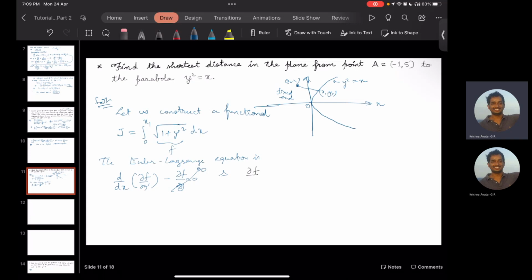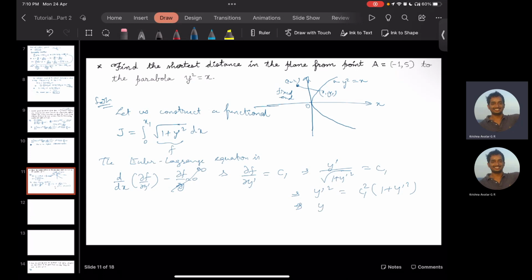Del f by del y prime is some constant c1. So we have y prime by root over 1 plus y prime squared equal to c1. Then y prime squared is equal to c1 squared times 1 plus y prime squared.